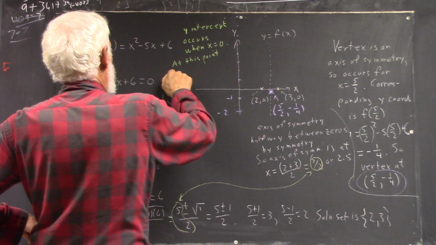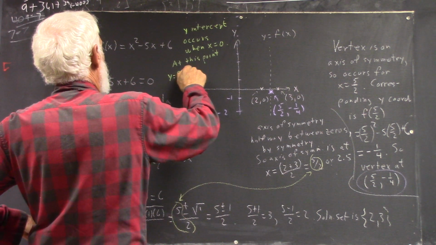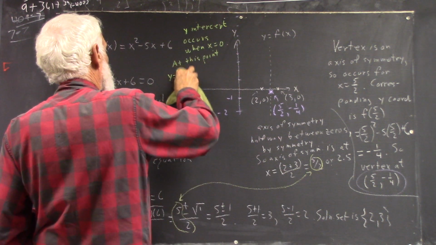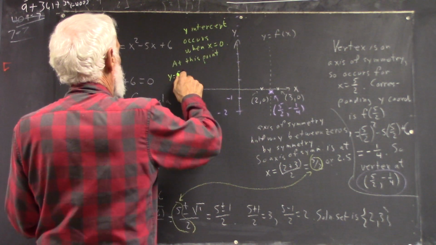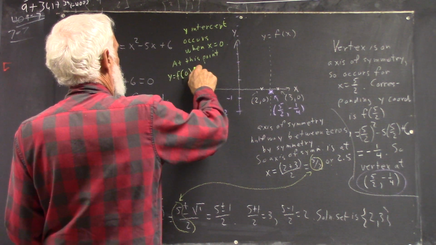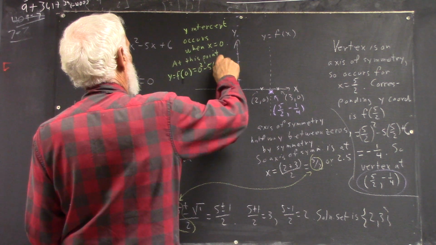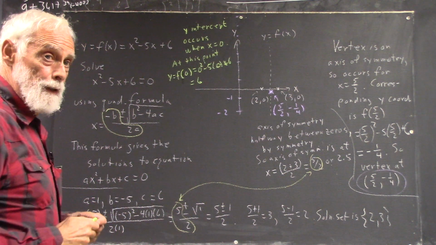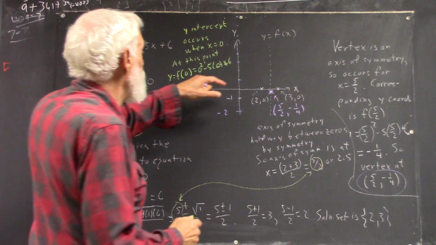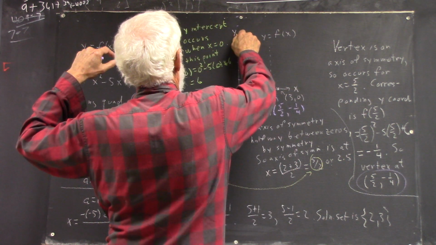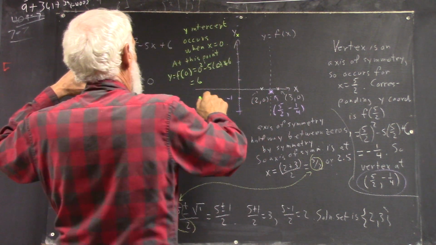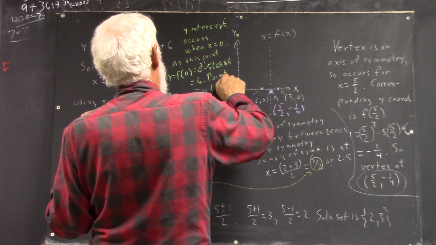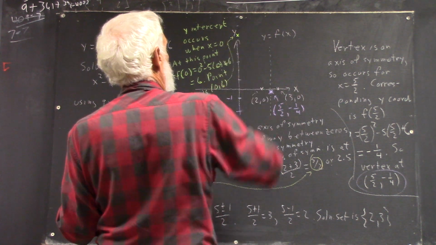At this point, y equals f of 0, which equals 0 squared minus 5 times 0 plus 6, which equals 6. Okay? So 0, 1, 2, 3, 4, 5, 6. So the point is 0, 6, and there it is.